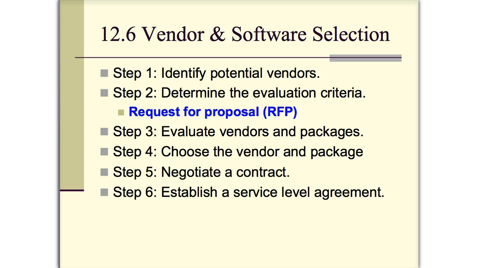In step 2, you're determining the evaluation criteria. What do we need this system to do? What do we need out of a vendor relationship? Are we going to need them to develop the system and provide training and maintenance afterward? Can we do some of that additional maintenance and training in-house?